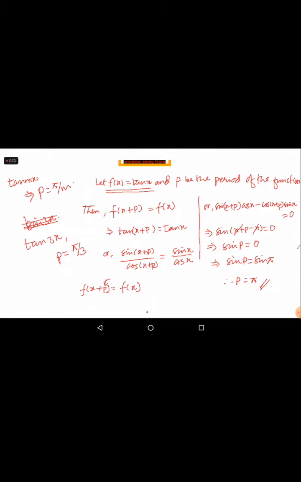Now we move to the next. You are quite familiar with inverse of a function. To define inverse of a function, you have to be clear that every function is not invertible. It means the inverse of every function is not a function.